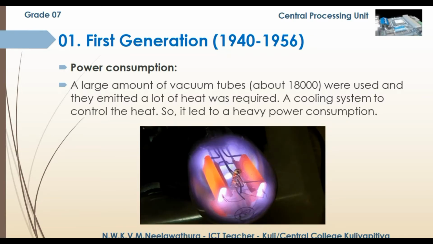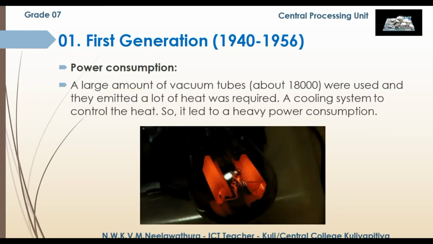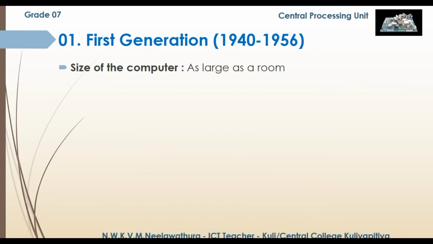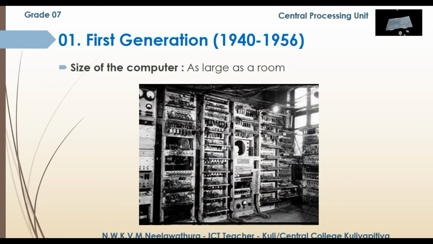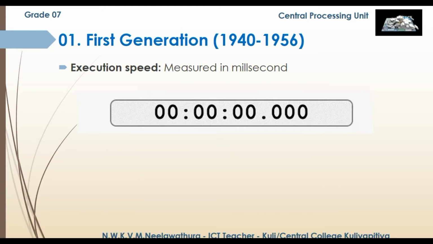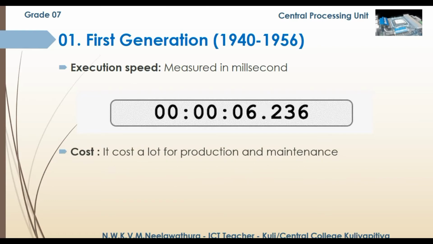So it led to heavy power consumption. Size of the computer: as large as a room. Execution speed measured in milliseconds. Cost: it cost a lot for production and maintenance.